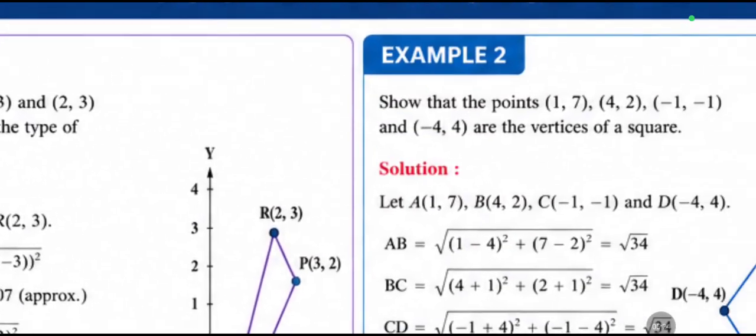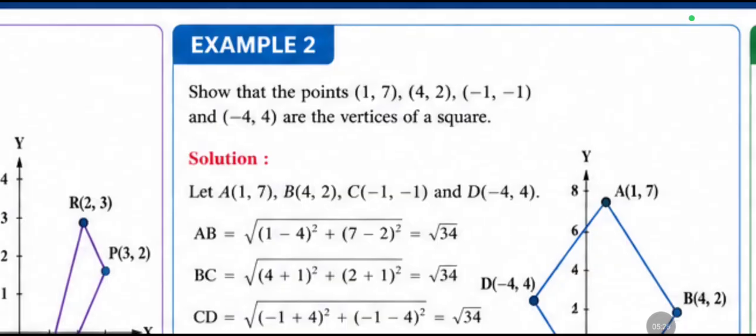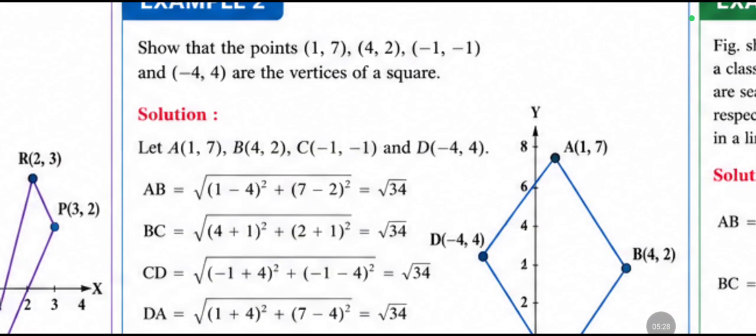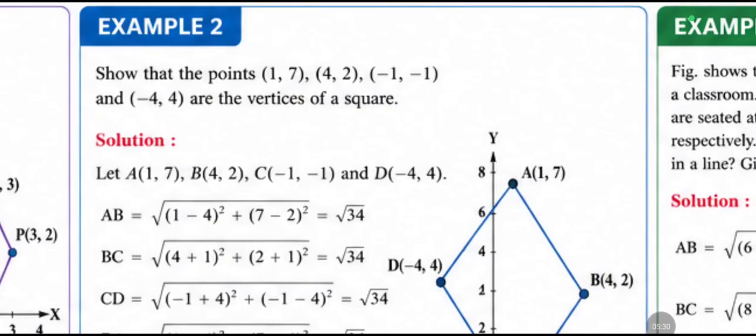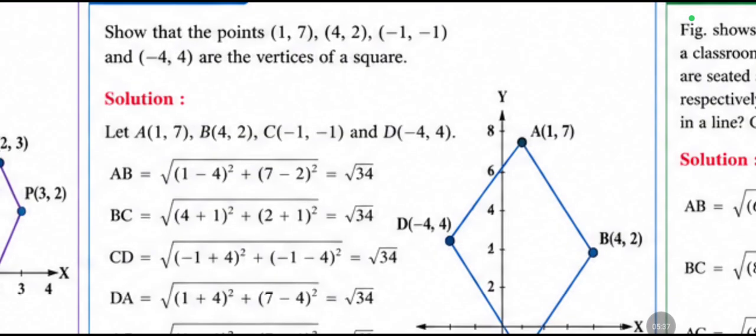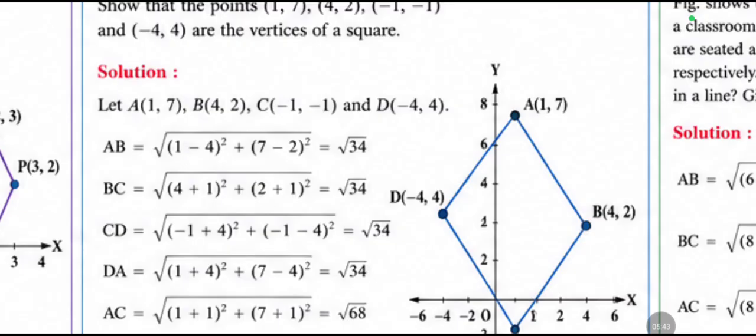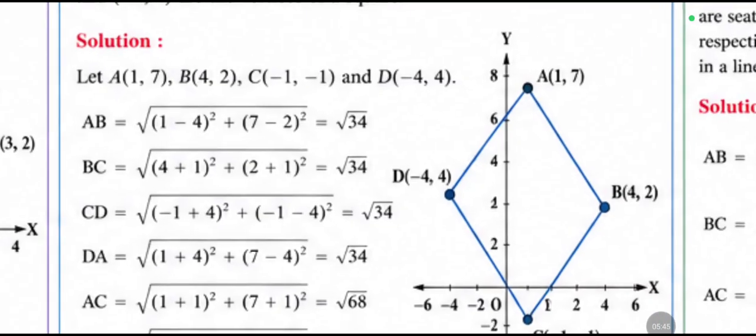This is the example. Now we will observe another example. Show that the points (1, 7), (4, 2), (minus 1, minus 1) and (minus 4, 4) are the vertices of a square. Now we have to find the distance between these four points separately. Let the distance AB equal root of (1 minus 4) whole square plus (7 minus 2) whole square, equals root 34.